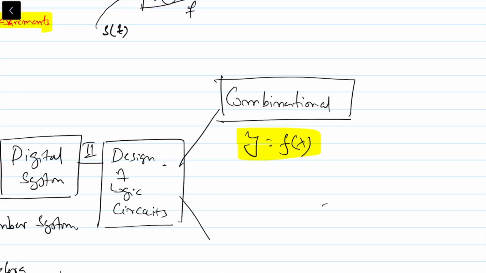Something missing in this equation is time. So combinational circuits don't deal with time. What deals with time is called sequential circuits.